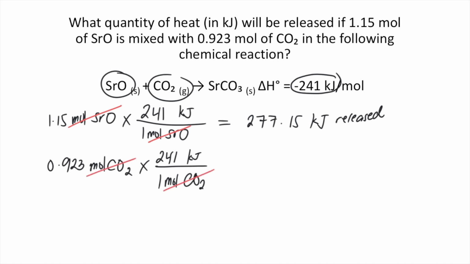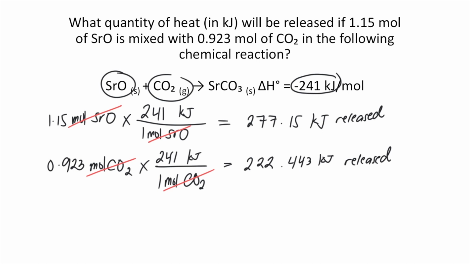So the moles of CO2 would cancel out. So 0.923 multiplied by 241, that will be 222.443 kilojoules of heat released by the reaction.